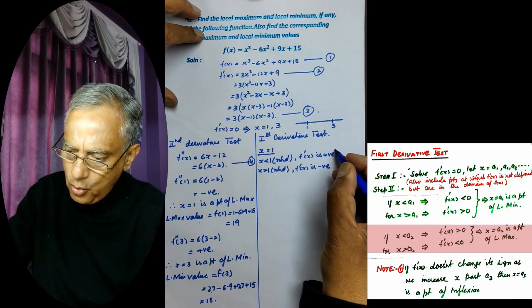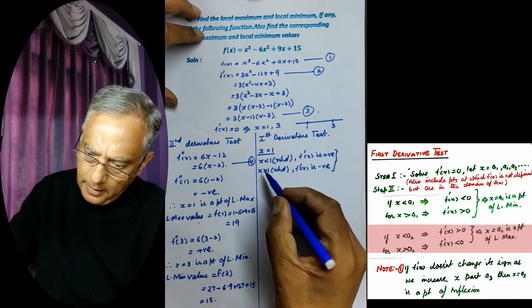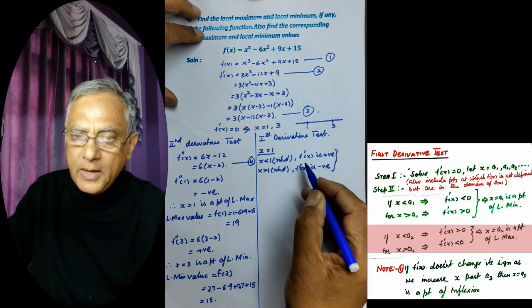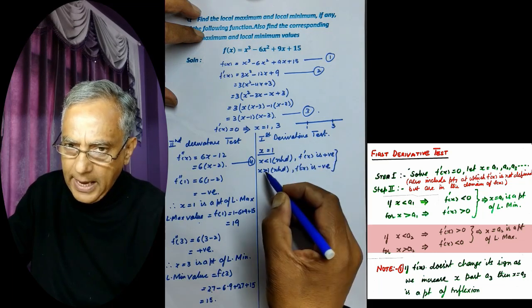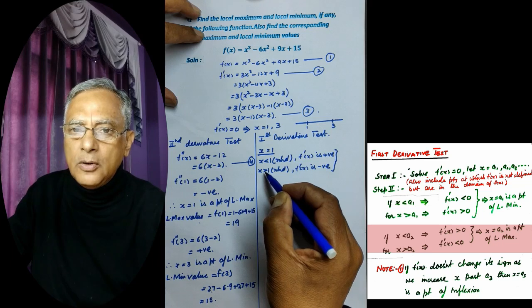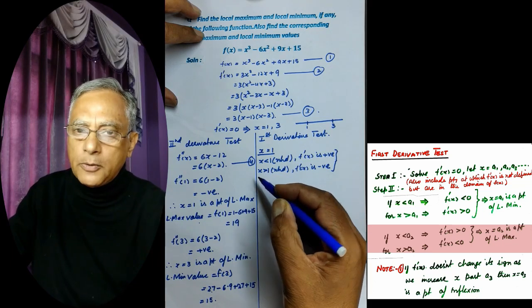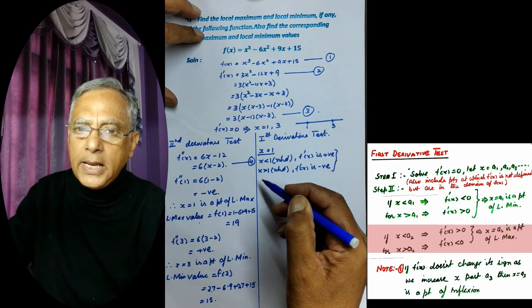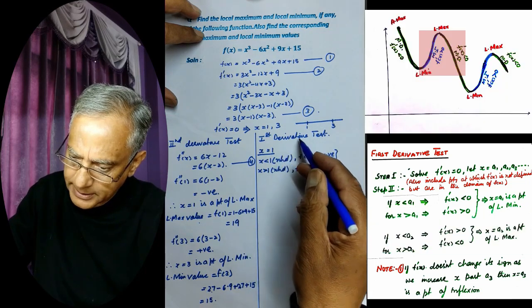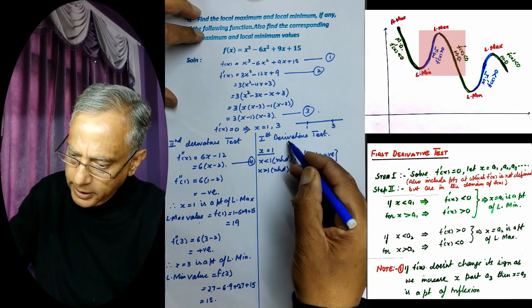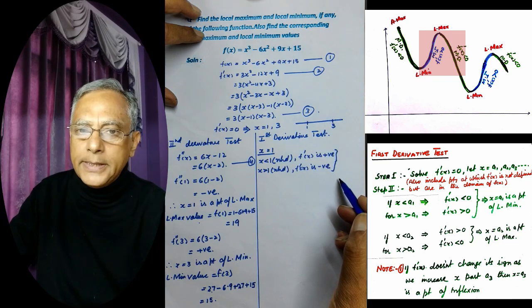So what we note is f dash x is changing its sign from positive to negative as we increase x past 1. Positive means it is monotonically increasing. That is, it is rising. So it is changing its sign from rising to falling. Monotonically increasing to decreasing.